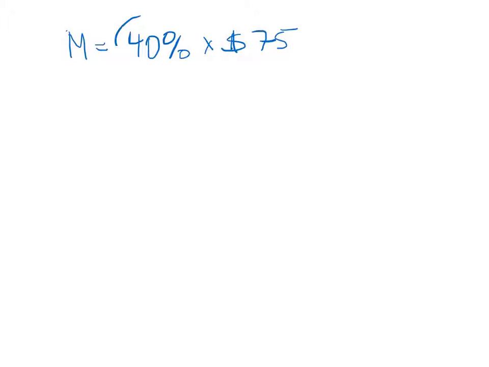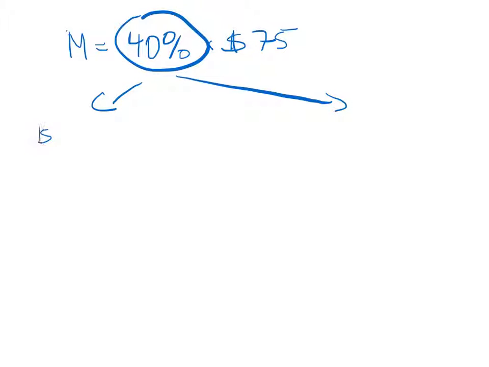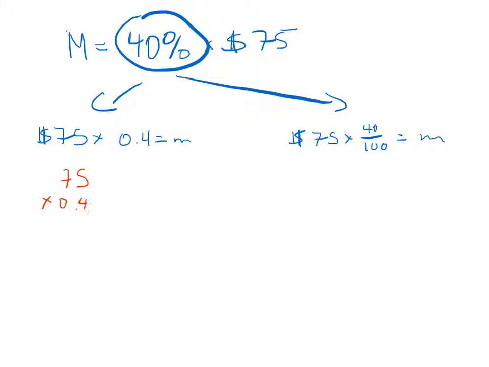Now, we can't really use 40%. So there's two different types of problems we could do. I'm going to rewrite them. 75 times 40% could be 0.4 equals M, or I could write it as $75 times 40 over 100 equals M. Alright, let's try to solve these then. 75 times 0.4, 4 times 5 is 20, 4 times 7 is 28, plus 2 is 30.